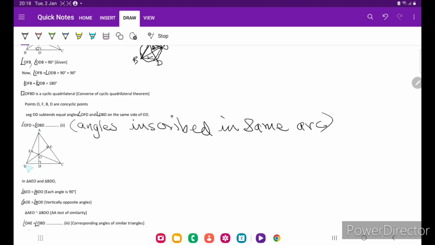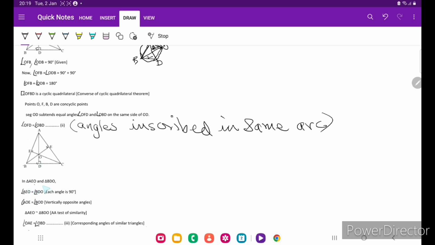In this triangle ABC, consider triangle AOE and triangle BOD. We'll prove that these two triangles are similar. Here this is angle 90, this is angle 90.